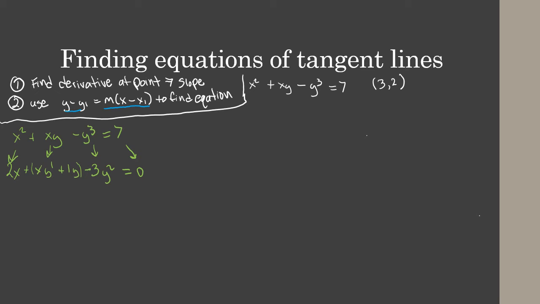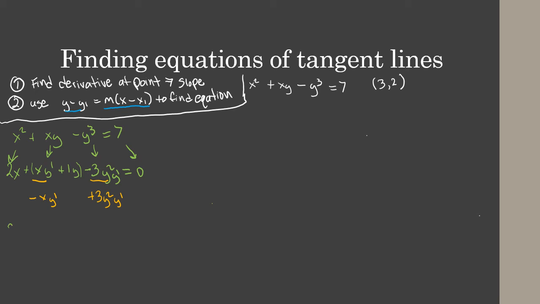Now, how do we get everything on one side? Oops, y prime. Can't forget that y prime there. So what I'm going to do is say, okay, we have a y prime here and a y prime here. Let's move those to the other side. So we're going to add 3y squared y prime and subtract x y prime. So we'll rewrite everything.